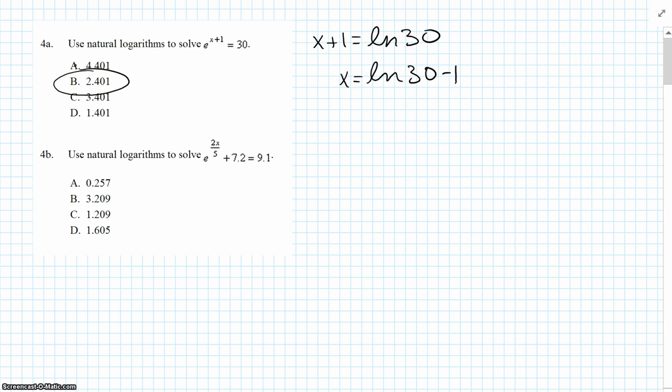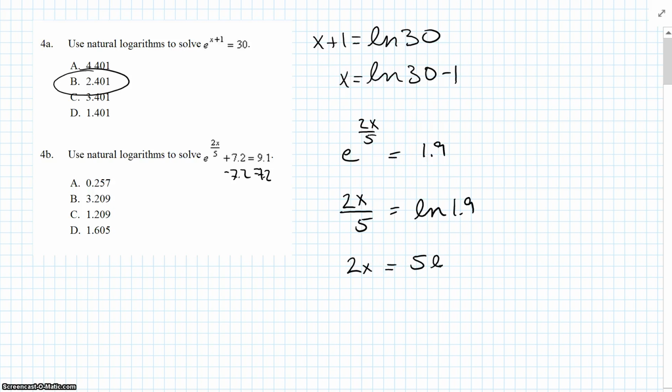Use the natural log to solve this one. So I got e to the (2x plus 5) equal to... I'm going to go ahead and subtract 7.2 from each side. So it's going to equal 1.9. So 2x plus 5 is going to equal the natural log of 1.9. So 2x is going to equal 5 times the natural log of 1.9. So x is going to be 5 times the natural log of 1.9 over 2.